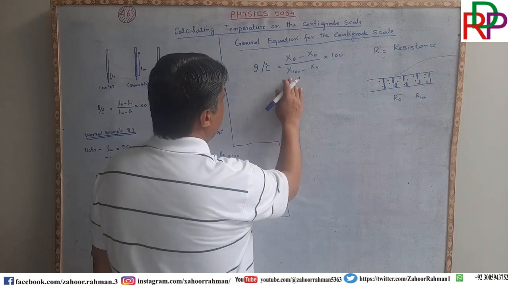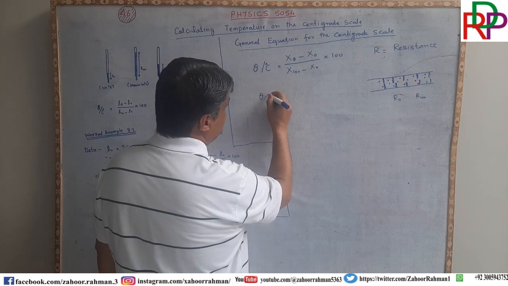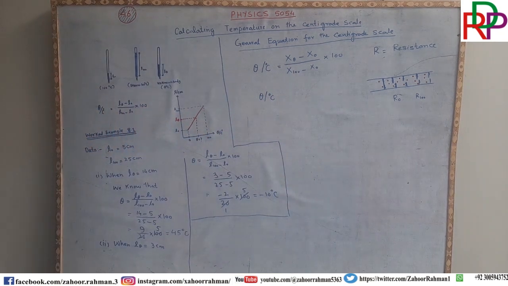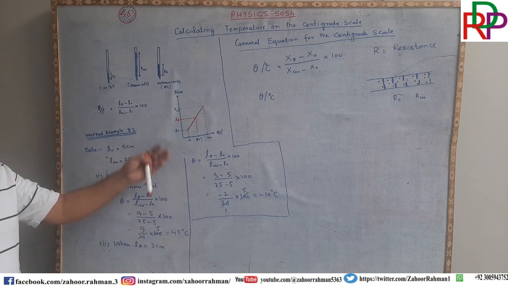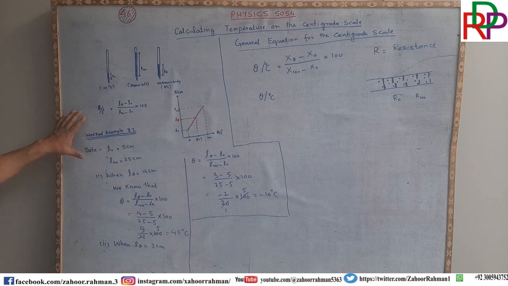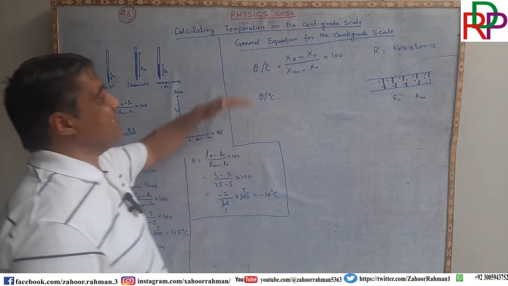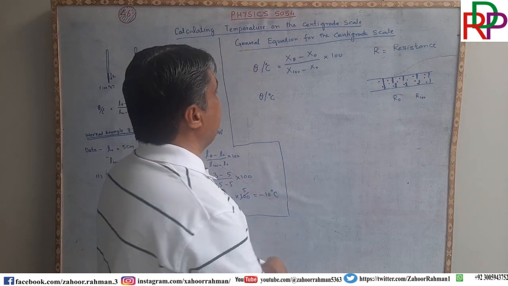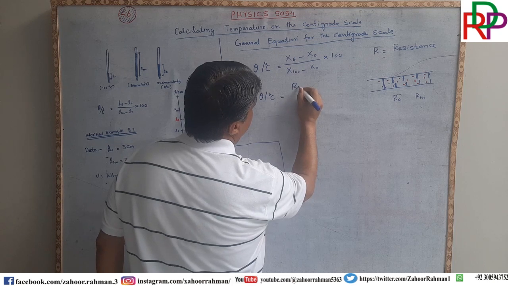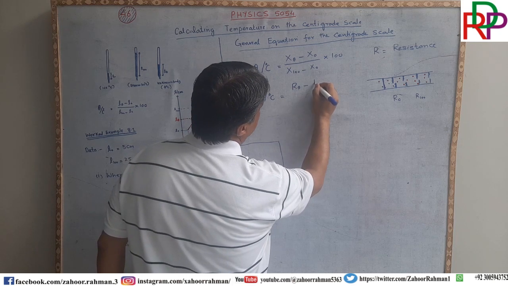So we can generalize this formula for resistance. Also we can use it with the pressure as well. We can use this formula. Pressure is another physical quantity which can be used instead of this L. We particularize this formula for length, and then we generalize this formula for resistance. So instead of X, I will write R theta.